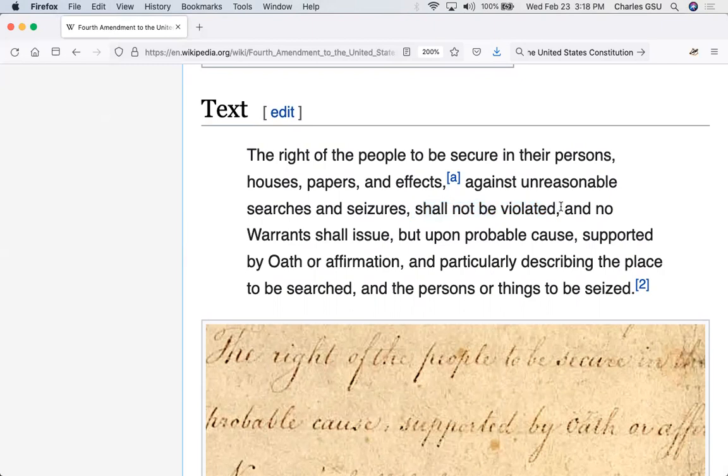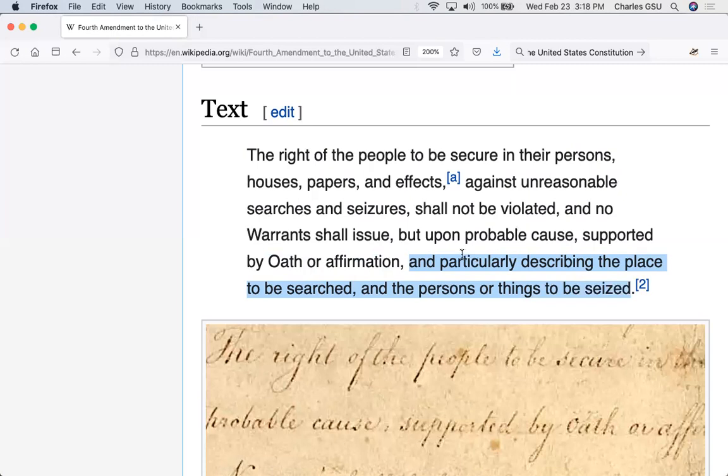And no warrants shall issue, meaning no judge or magistrate shall give out a warrant except upon probable cause, supported by oath or affirmation by the law enforcement providing the evidence for a warrant, and particularly describing the place to be searched and the person or things to be seized.